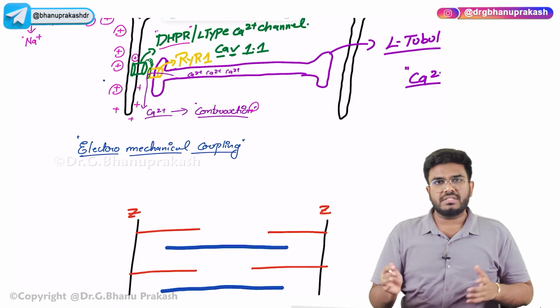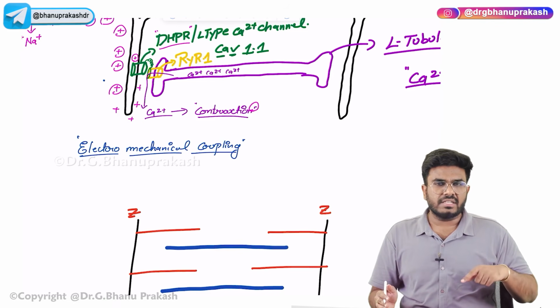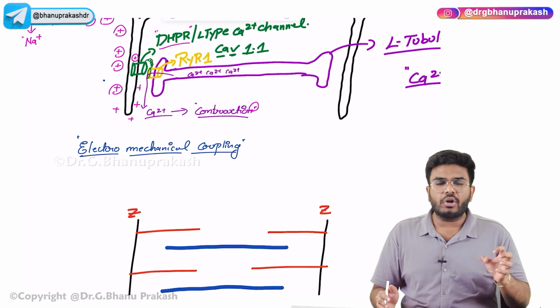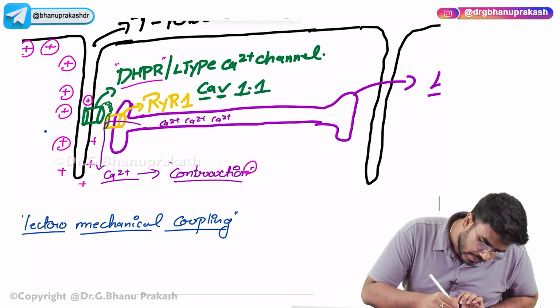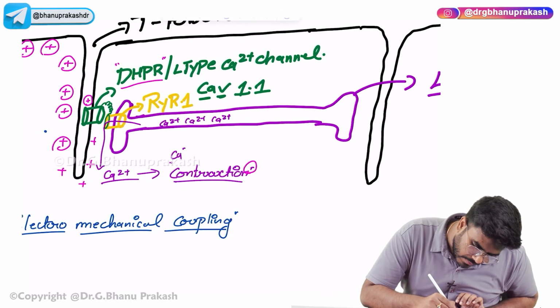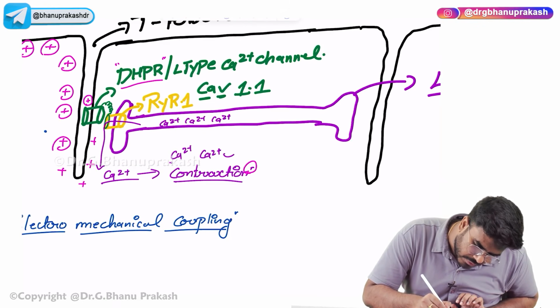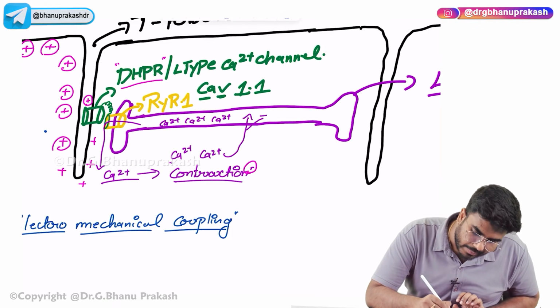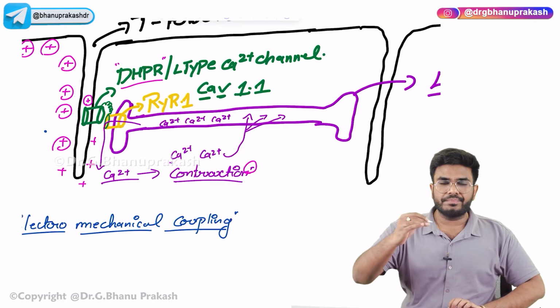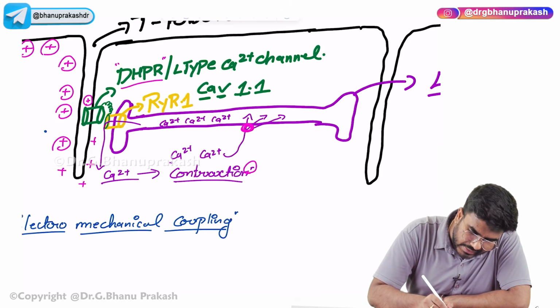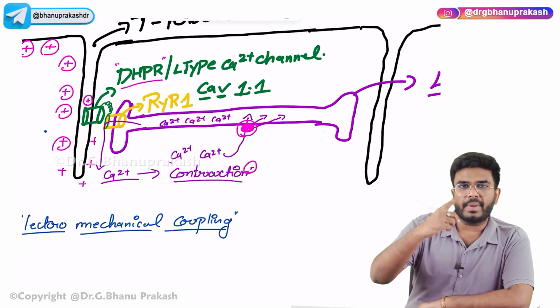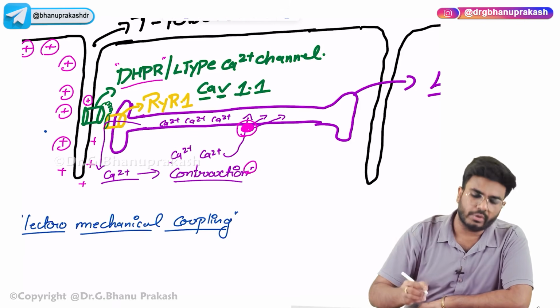Now, once the muscle contraction is completed, tell me, do you require any calcium? No. The calcium has to go back. The calcium which was there in the cytoplasm should get sequestered back in the sarcoplasmic reticulum, again with the help of a protein.